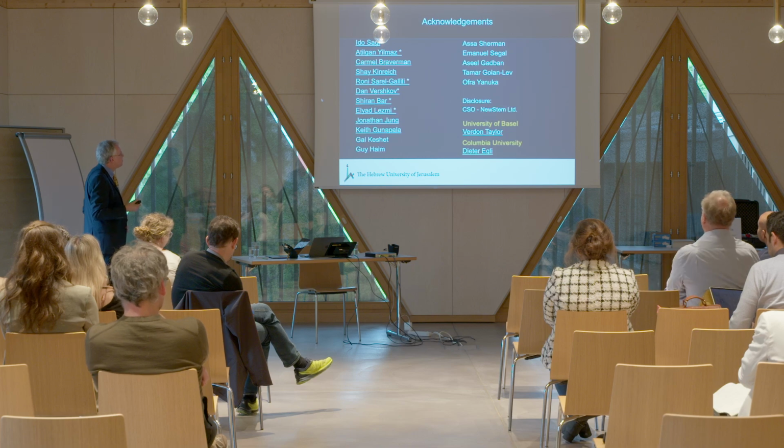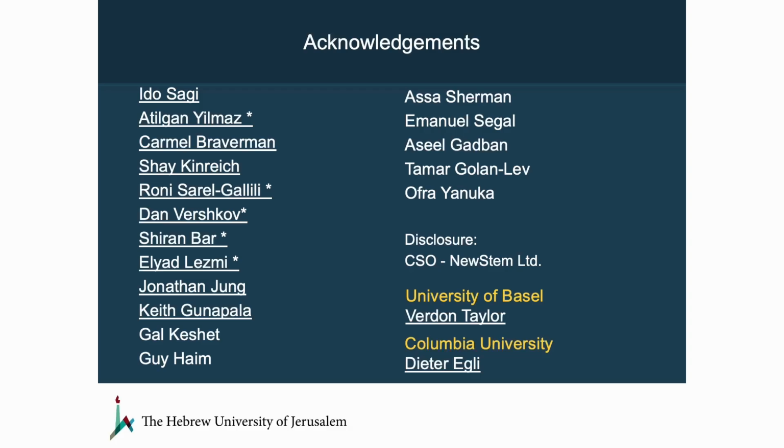But the most important thing is the students and postdocs that really did the work. I have excellent Ph.D. students and postdocs, and Ido Sagi is the one that isolated haploid embryonic stem cells. Atil Ilmaz, again, a fantastic postdoc, together with Carmel Braverman and Shai Kainrich, is doing the Essentialome of human development at these different stages.